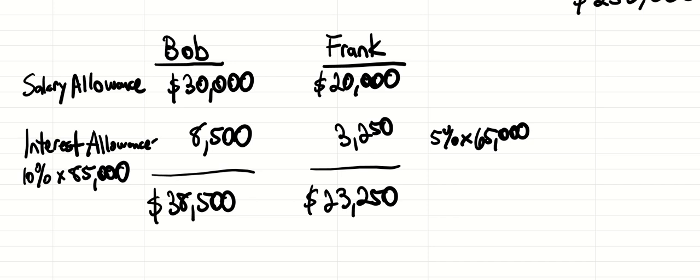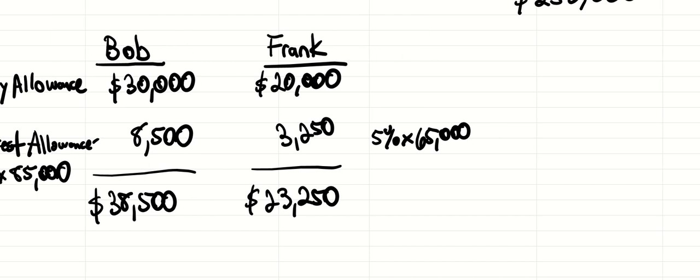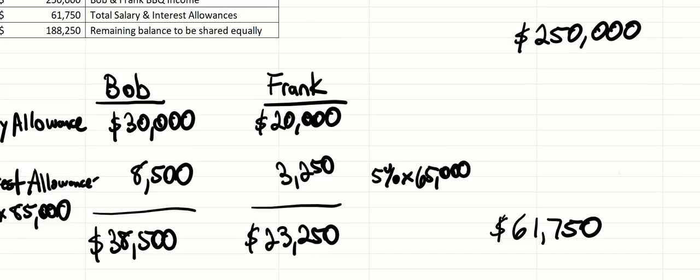So then after we add those two together for Bob and Frank, we now got to add the totals from Bob and Frank's salary and interest allowances together. $38,500 plus $23,250. We're going to get $61,750.